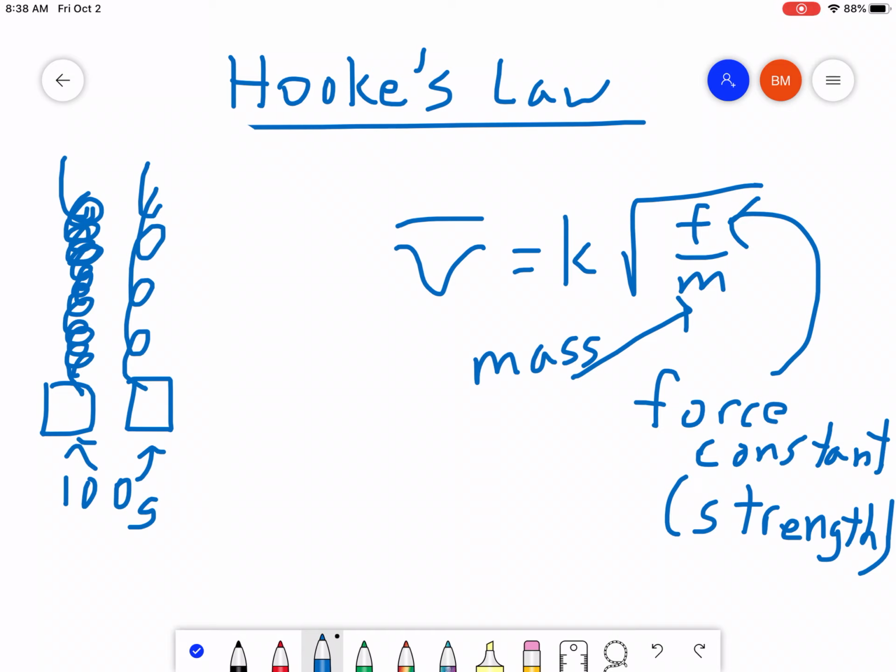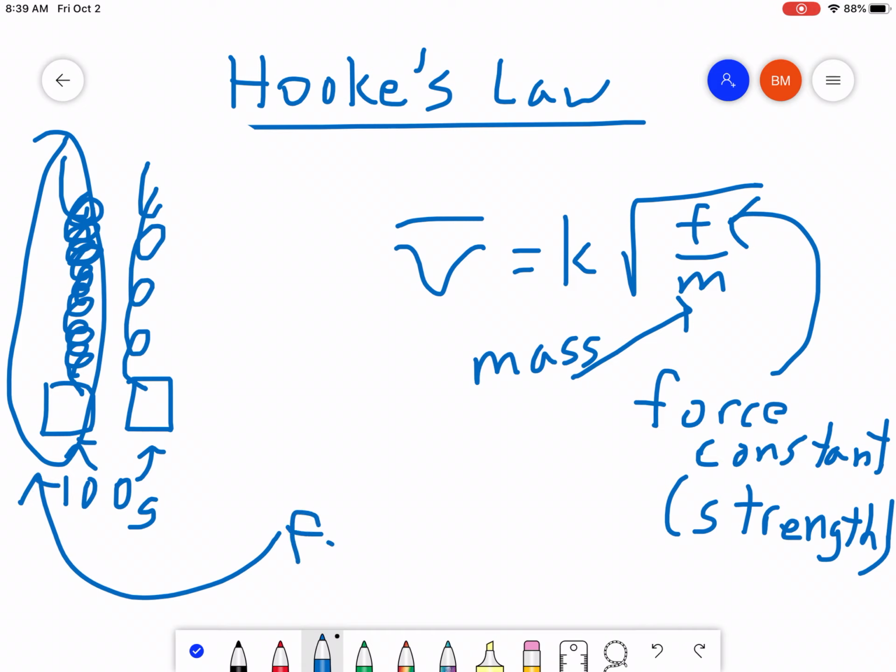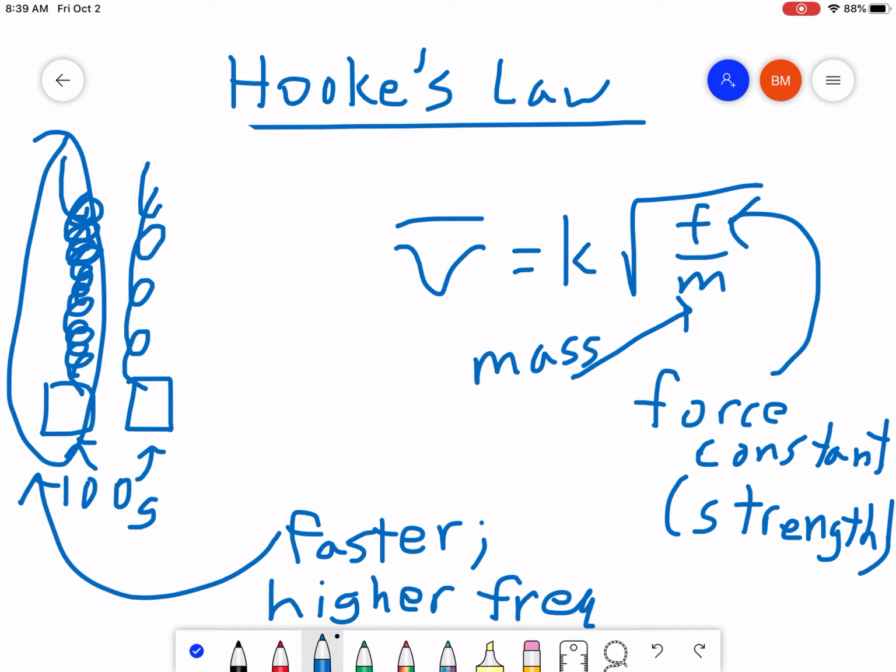So if we do this to both of these springs, let me ask you, which spring do you think is going to oscillate with a higher frequency? Is it going to be the tightly coiled spring or the very, very loose spring? I would hope you would say that the tightly coiled spring would oscillate faster. And that means it's got a higher frequency.